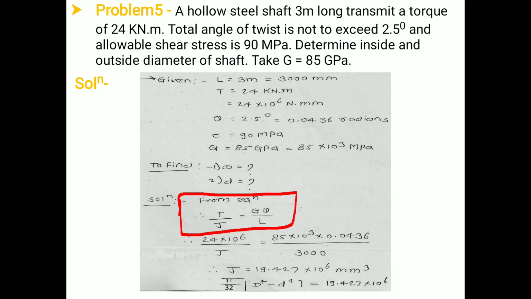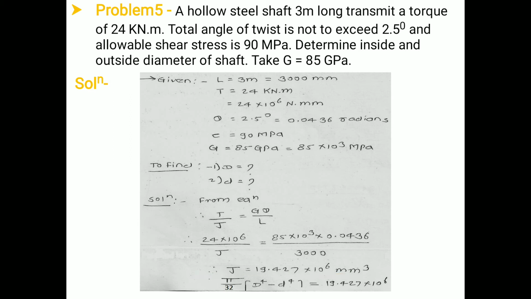Value of J we will find out in terms of diameter. The value of G is 85 and in megapascal it will become 85 into 10 raised to 3 and the theta is 0.0436 upon L is 3000 mm. So from this equation we will have the value of J in terms of diameter.